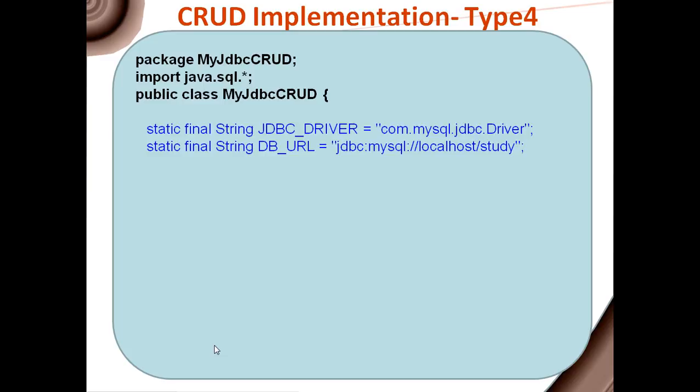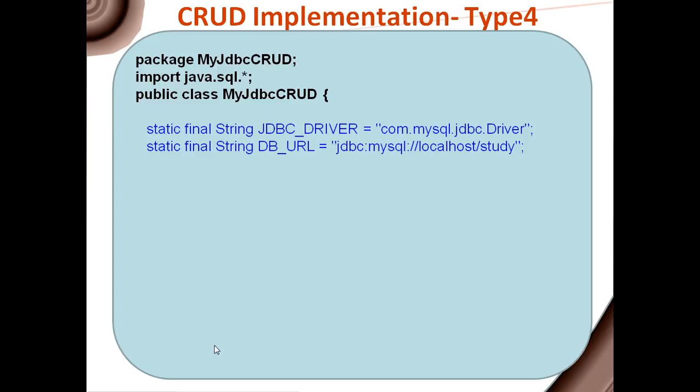In this I am basically going to write a library. So this particular class is like a library. I have defined a public class my JDBC CRUD, and in this class, just to make it simple, I have written a main function. Ideally you should write this main function in another separate class, maybe something like my example or my test or my main.